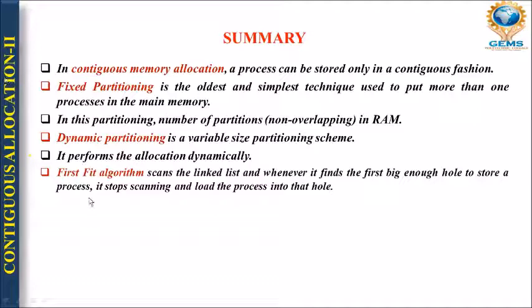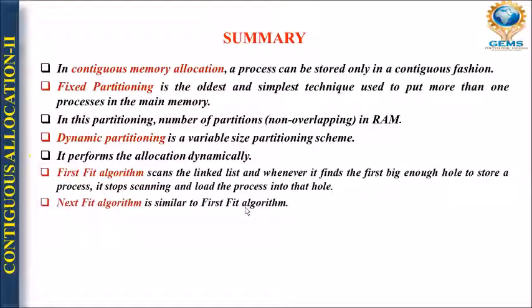So in first fit algorithm, it scans the list. Whenever it finds the first block big enough to store the process, it will stop its scanning. That means in the first fit, suppose the size of the process is 50 kb, so it will search for 50 or 51 kb, whichever is fetched earlier.